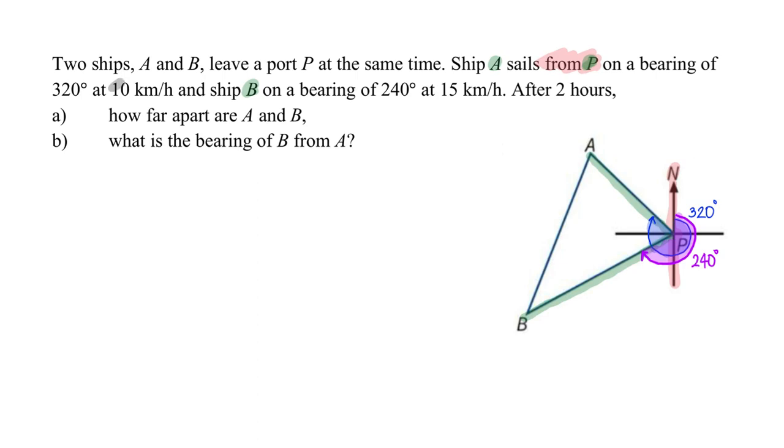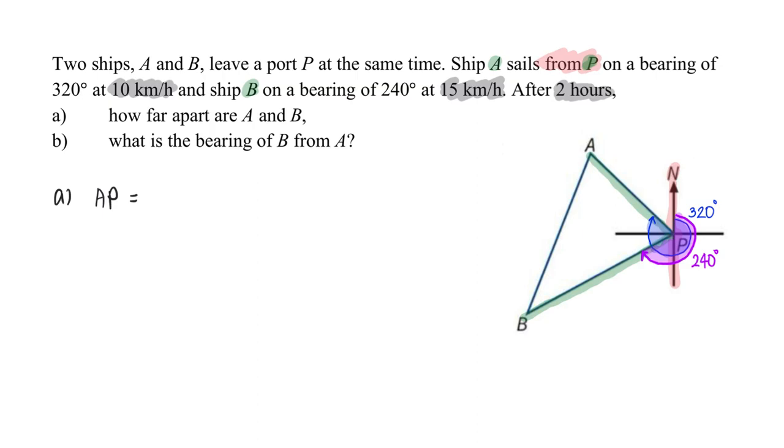The next thing is they give us the speed. For A it is 10 km per hour, for B it is 15 km per hour, and they are giving us the time, 2 hours later. So for the distance traveled by A, it will be good for us to find the distance AP.